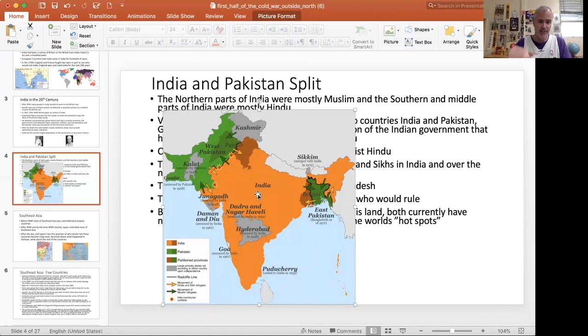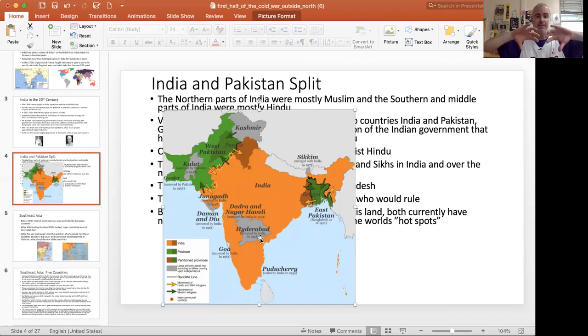So this country is going to split into 2 countries. We're going to have West and East Pakistan, and in southern and central India, they will be Hindu India. This is now a major development. Gandhi was like, no, please don't do this because it's going to cause fighting.